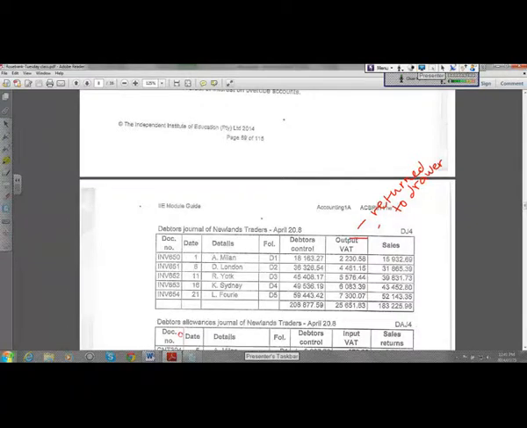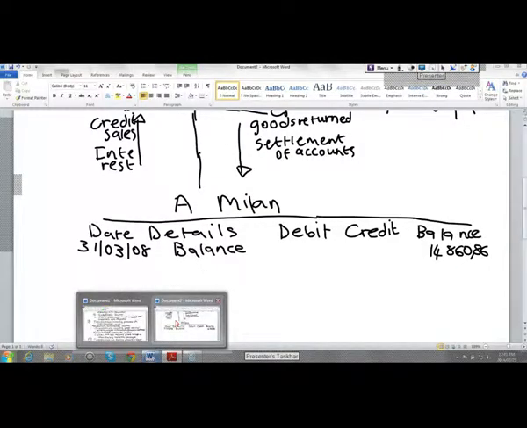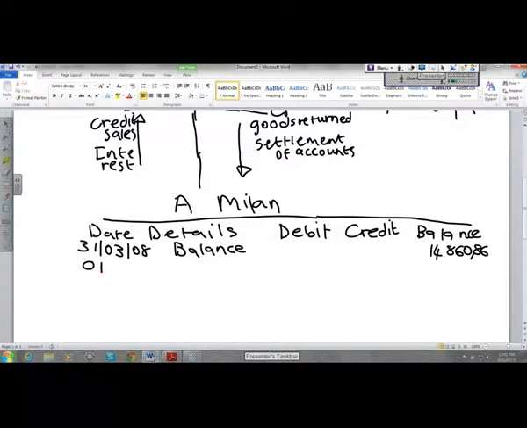So then we're going to come here and say on the 1st of April 08, we sold to him. So we're going to have credit sales. It's always a good idea to put the invoice number so that it will appear on our statement.